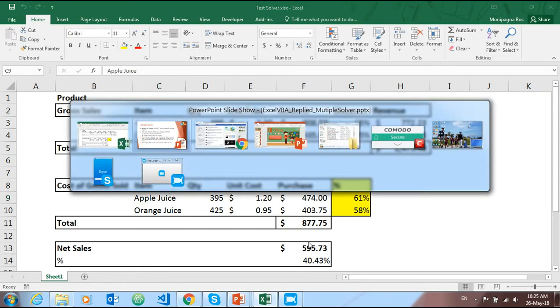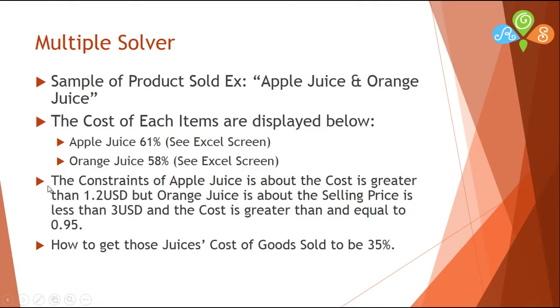The constraint of apple juice is that the cost is greater than 1.2. But for orange juice, the selling price is less than $3, and the cost is greater than or equal to 0.95.